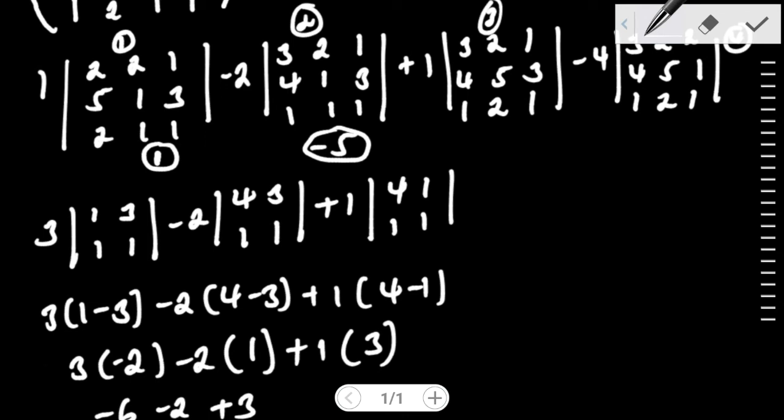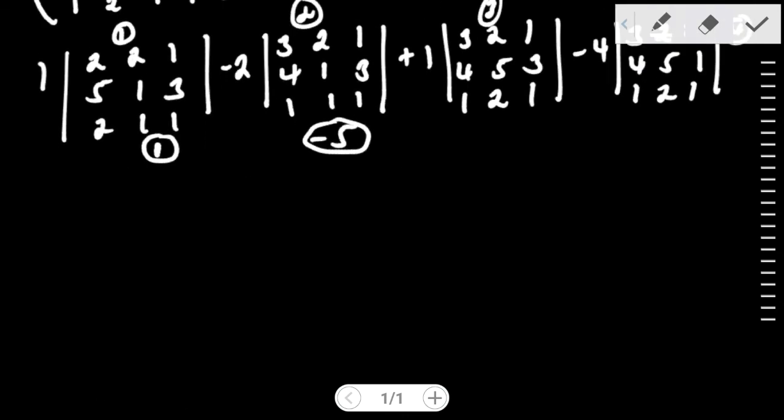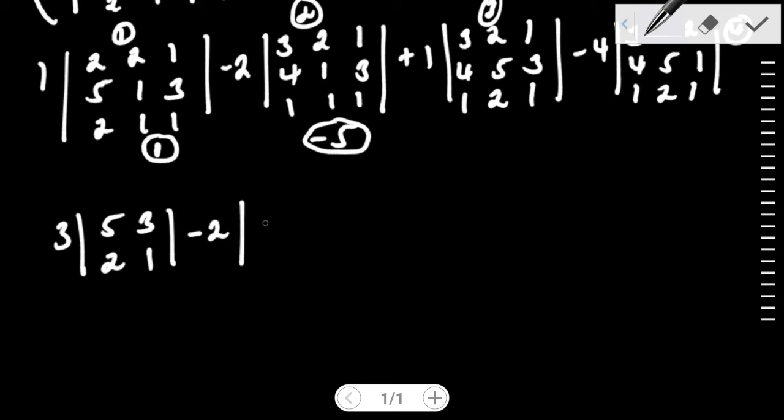Okay, let's go to the third matrix. Here I have 3 times the matrix 5 3 2 1, minus 2 times 4 3 1 1, plus 1 times 4 5 1 2.